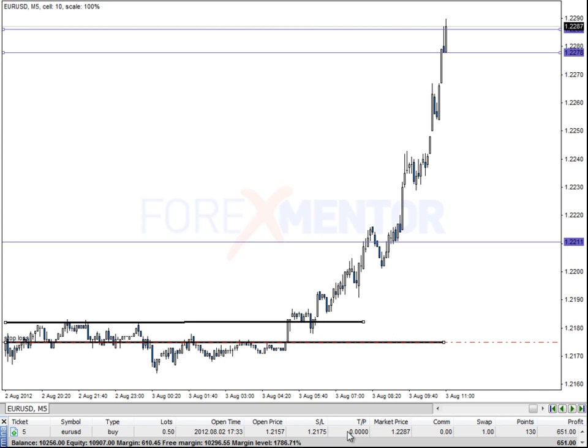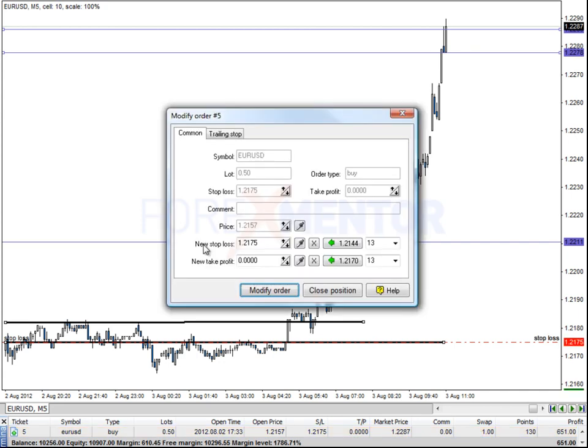I don't want to just close the position because this thing may take off another 100 pips. So what I want to do is be very aggressive, and more often than not it will just come back on you and stop you out. But you may get the occasional one where you have news and the thing just takes off like a rocket. Okay, so let's put it 2 pips below.